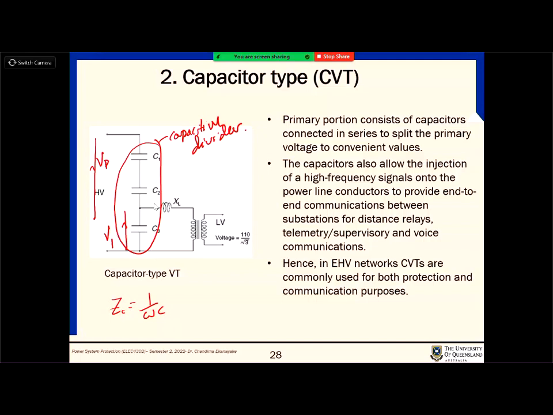But one of the requirements here is that you can't jump through a transformer, because for a transformer, for high frequency, impedance is high. Therefore, the power line communication signal is not going through the transformer. It is blocked, right?